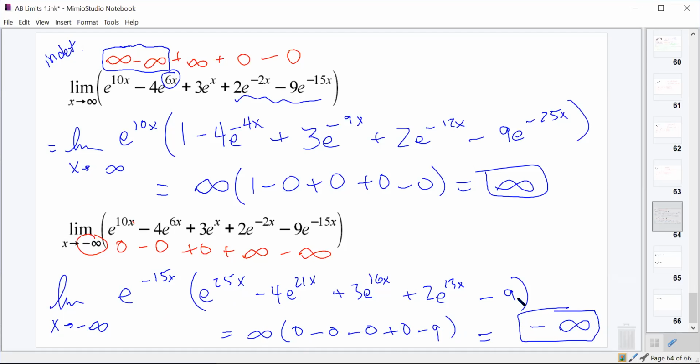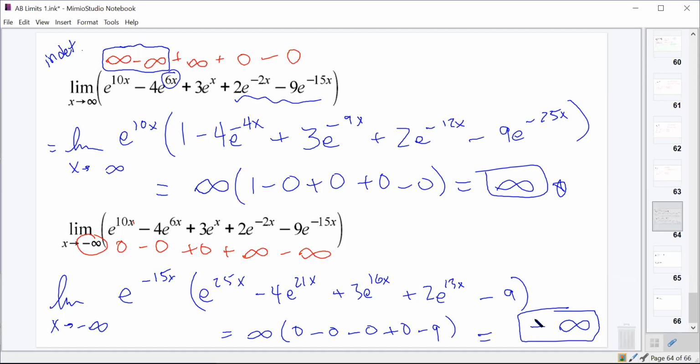And so we'll note up here, infinity minus infinity plus infinity came out to be infinity, which seems like it makes sense. But down here, we had infinity minus infinity, and that ended up being negative infinity.